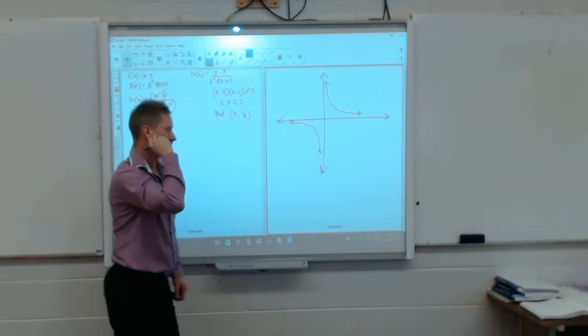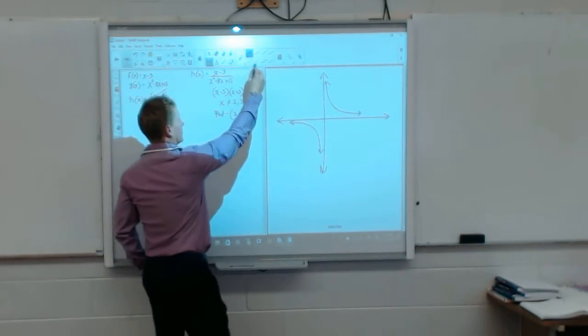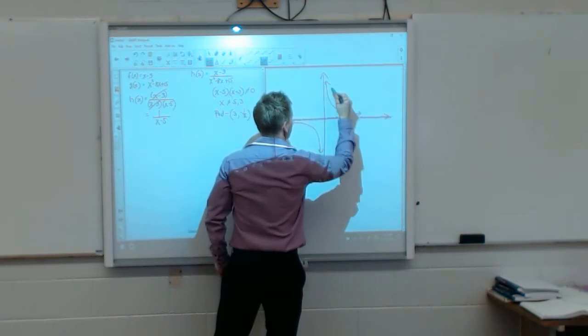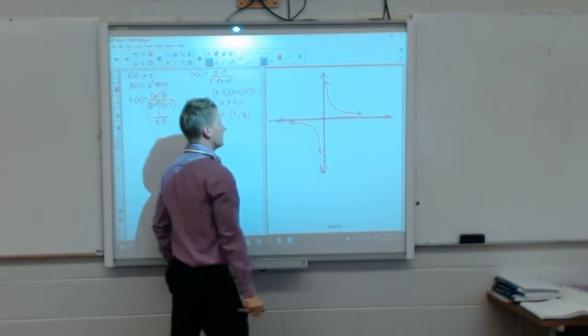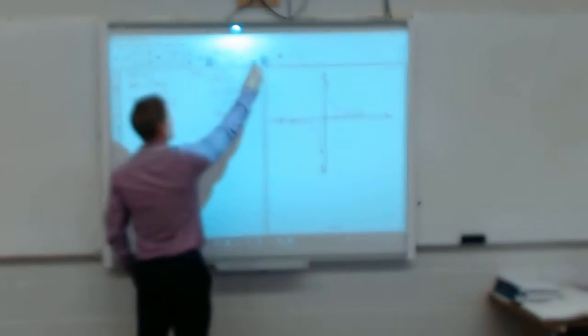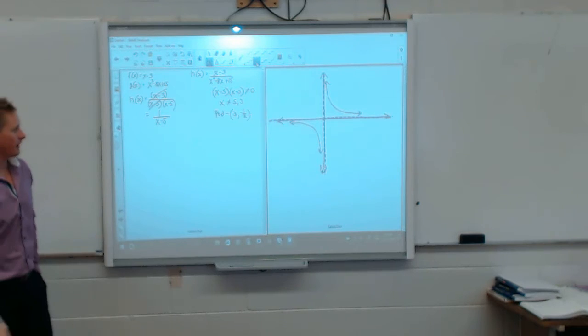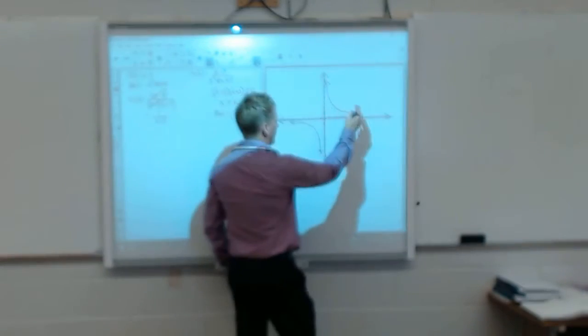There's 1 over x with asymptotes, right? Okay, and where do I move it to? Right 5. So all of this goes right 5.